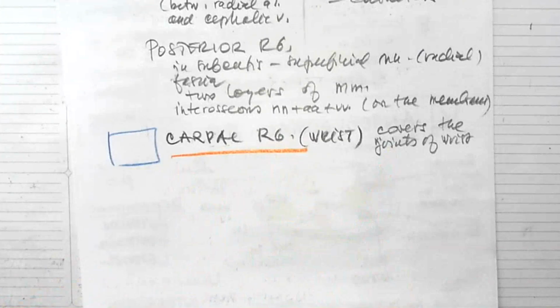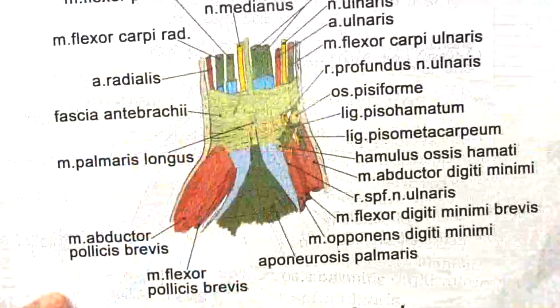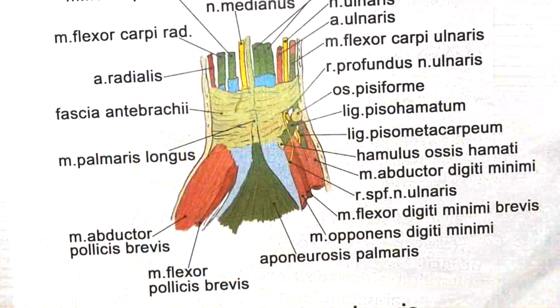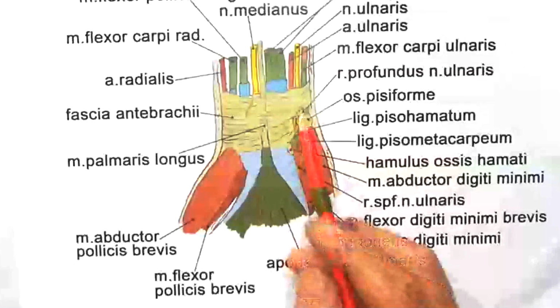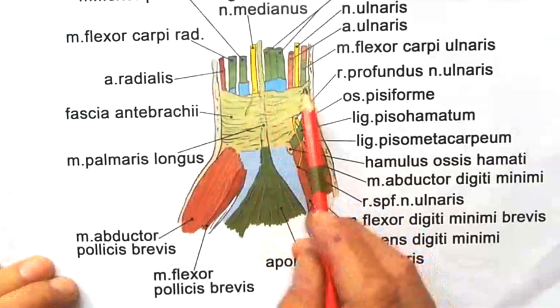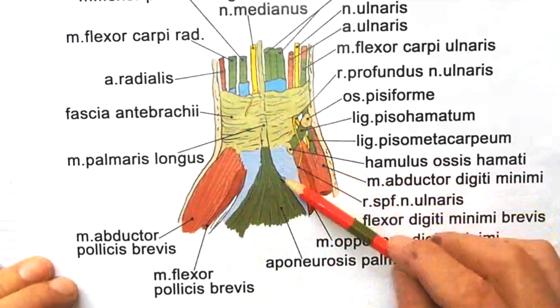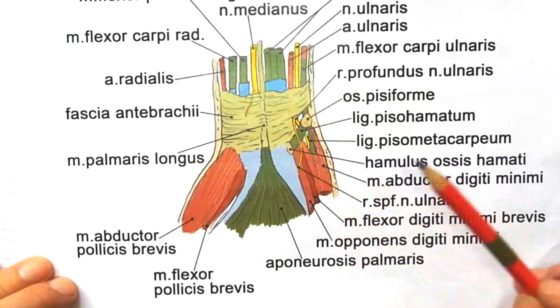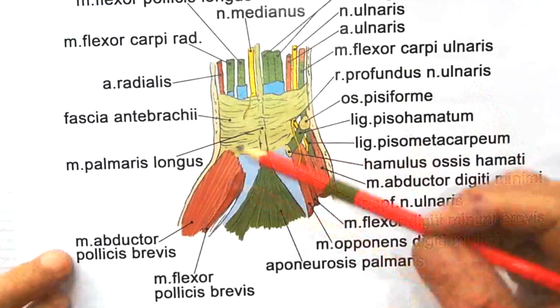The carpal region, maybe we can start first of all with the diagram. Here you see the carpal region anteriorly, the anterior palmar region on the right hand. What we see is the fascia antebrachii. We know that fascia antebrachii, the thickened fascia, forms the palmar aponeurosis.